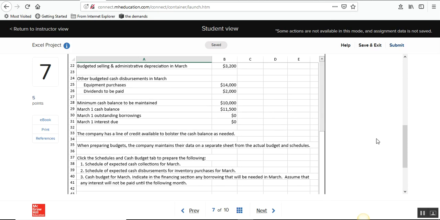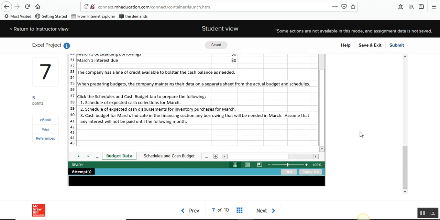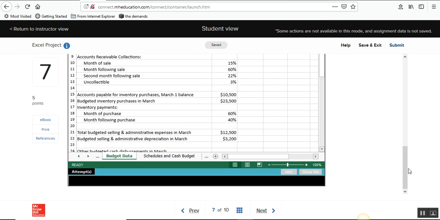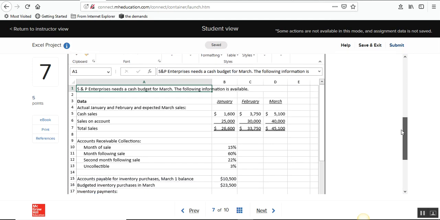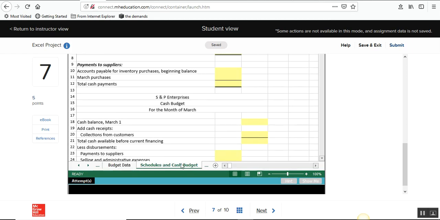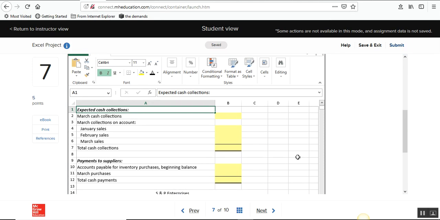But again, with this one, it looks like the schedule is here, but the budget data is here. So we're going to go to the schedule, and you're going to calculate the cash budget that you need using that information.